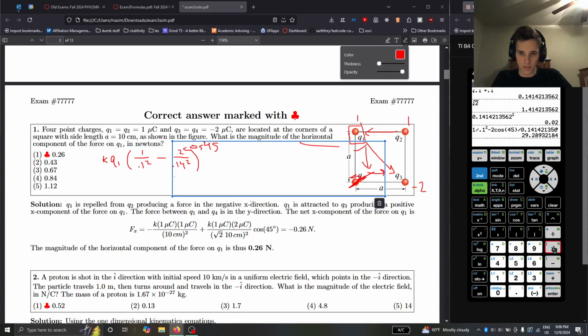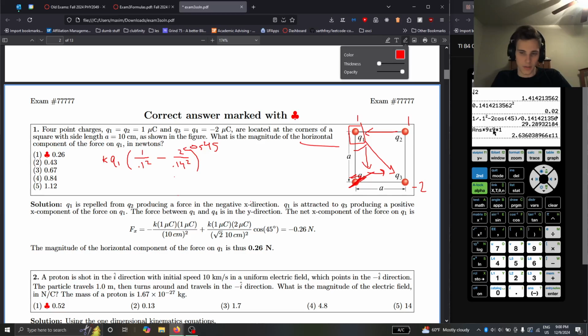Get that very large number. 9, where are you? 9 times 10 to the 9, times 1. And then we get this one. I know I probably screwed up the unit somewhere, I don't really care. It's this 0.26.